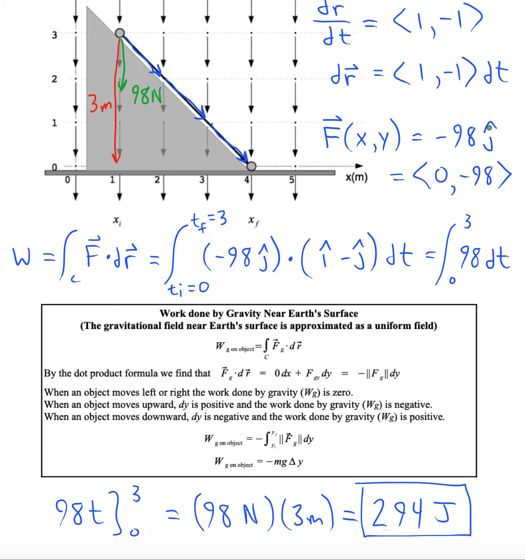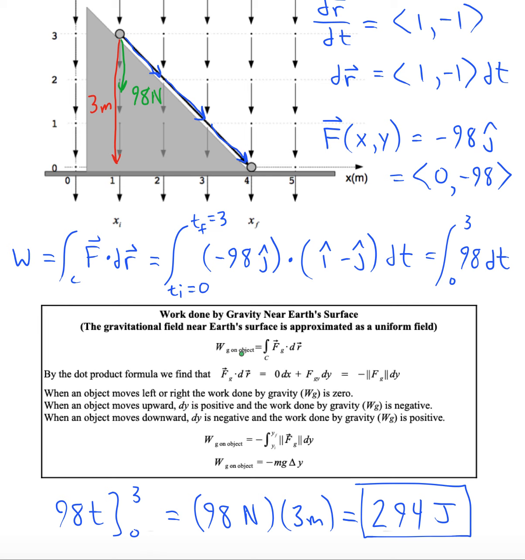So the rightness and leftness of the motion doesn't matter, and that's what the dot product helps us do, because the dot product's all about what part of the motion here is in the direction of the force. Shown here is a derivation of an easy formula that helps us calculate the work done by gravity. The derivation shows that if we just multiply negative m times g times delta y, we can also easily calculate the work done in a uniform gravitational field such as near Earth's surface.